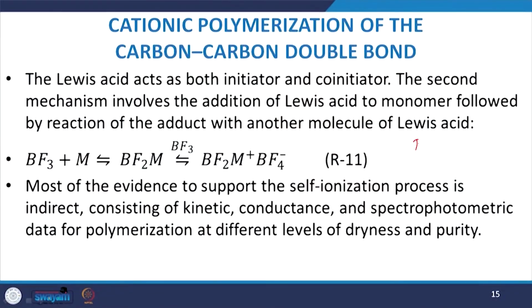The second mechanism involves the addition of Lewis acid to monomer, followed by the reaction of the adduct with another molecule of Lewis acid. You can see here that BF3 plus monomer can react and form BF2M, and further if it reacts with BF3 it gives BF2M plus and BF4 minus.